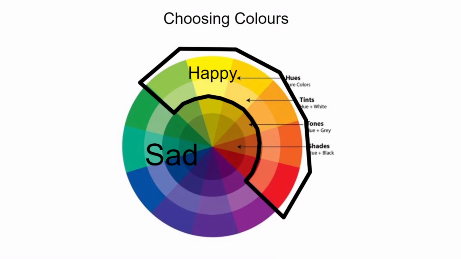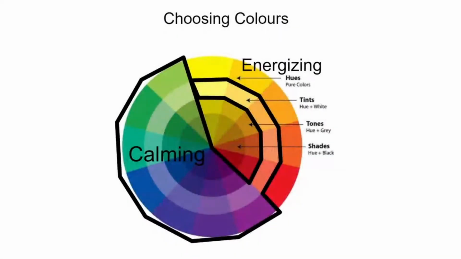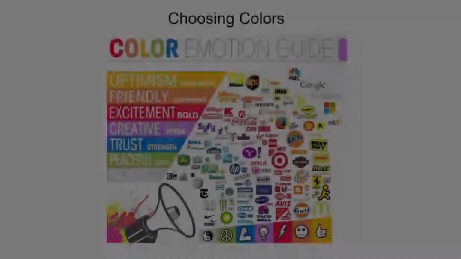For some reason, more of the color wheel is sad than it is happy. More of the color wheel is calming than it is energizing. So all of the tints are calming, as well as all of the cool colors.